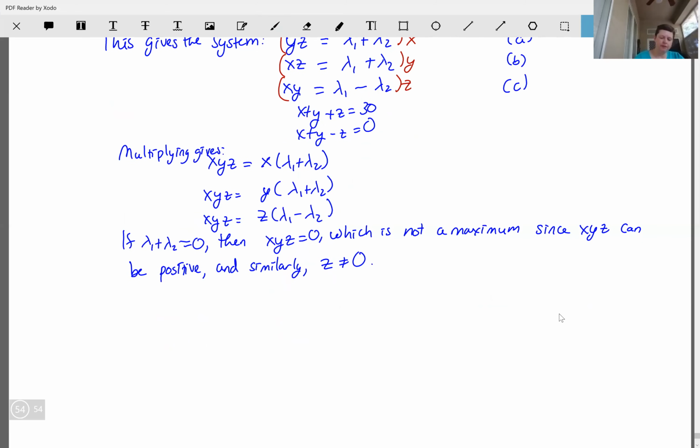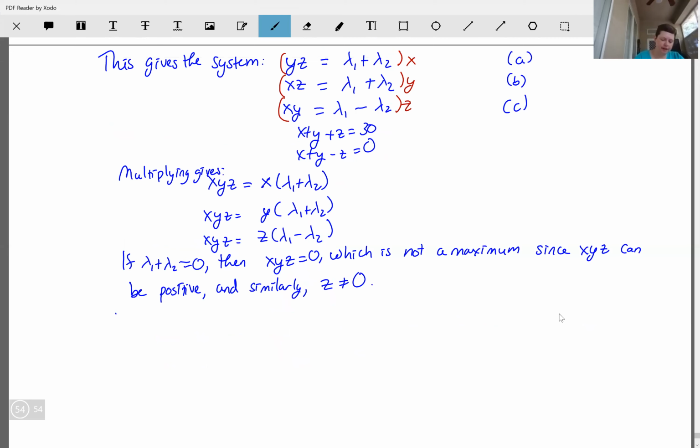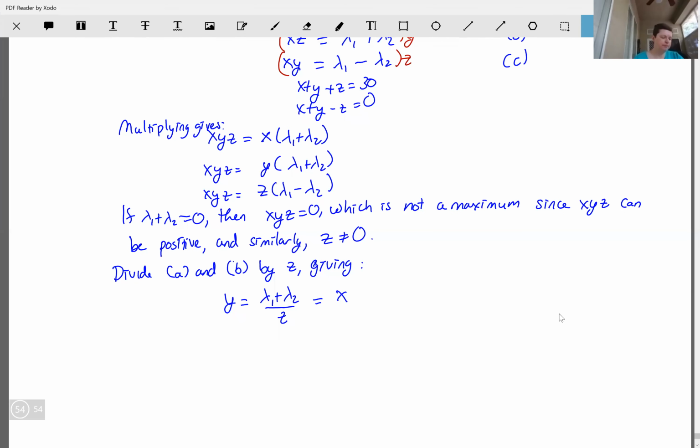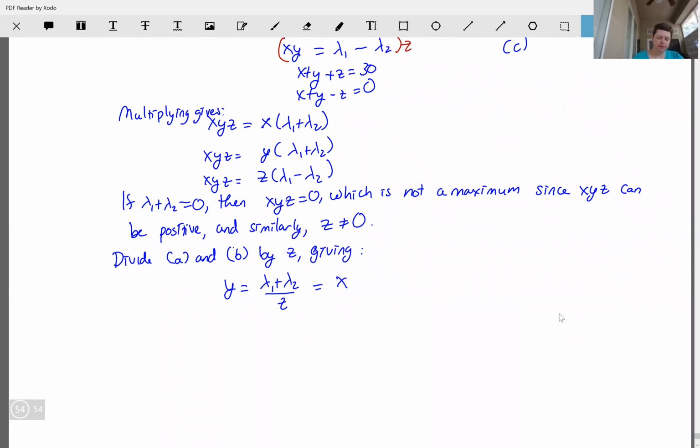We can divide A and B by z, because z is not 0. And if I do that, I'm going to get y is equal to lambda sub 1 plus lambda sub 2 over z. And also x is equal to lambda sub 1 plus lambda sub 2 over z. So x is equal to y.